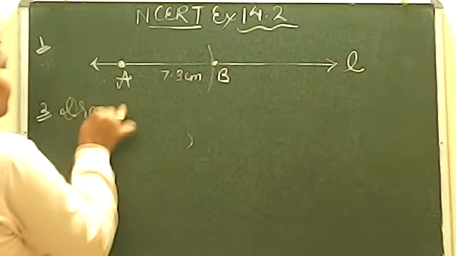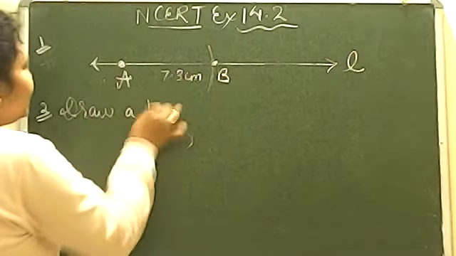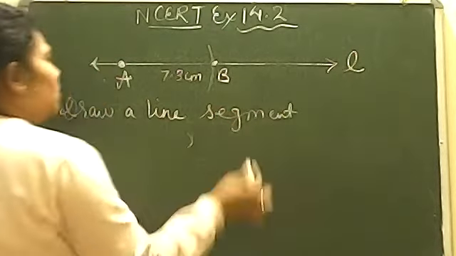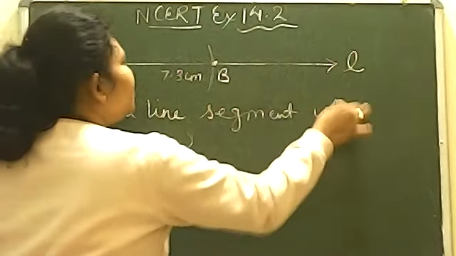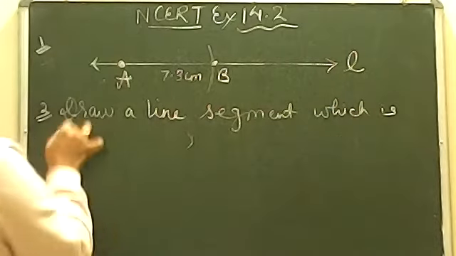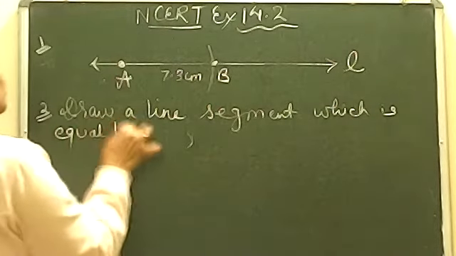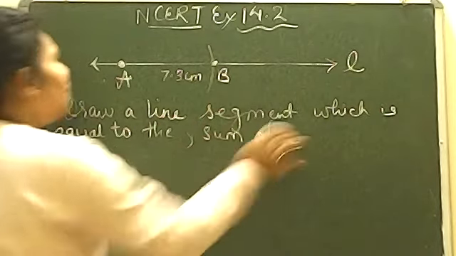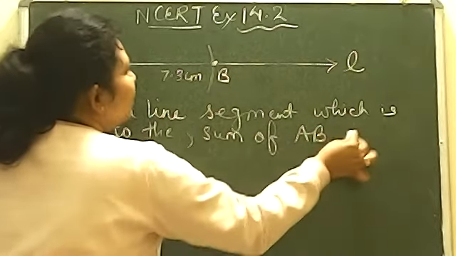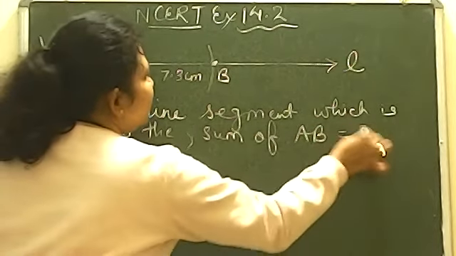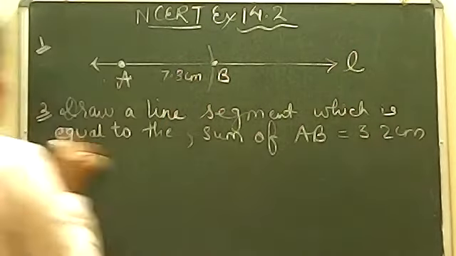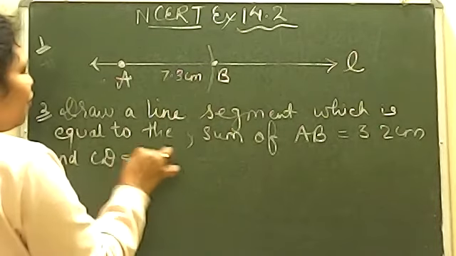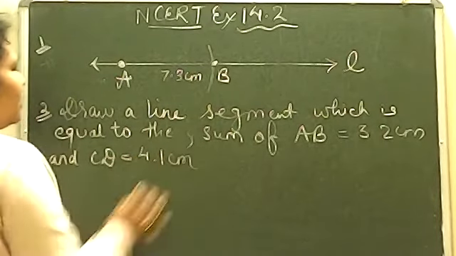Draw a line segment which is equal to the sum of AB 3.2 centimeter and CD 4.1 centimeter.